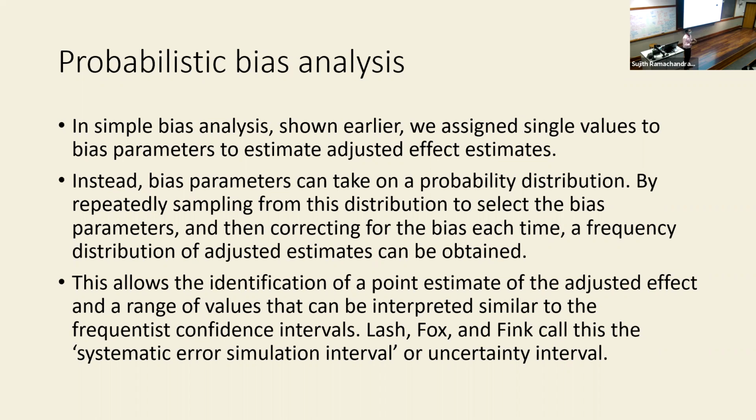You instead say that selection proportion is a normal distribution with a mean of so-and-so and a standard deviation of so-and-so. Or you say it is a uniform distribution with a minimum of this and a maximum of this. The authors of this textbook particularly like a trapezoid distribution, where you basically go like that, where you have two modes that bound the upper and lower end of that parameter, where the parameter is most likely to lie.